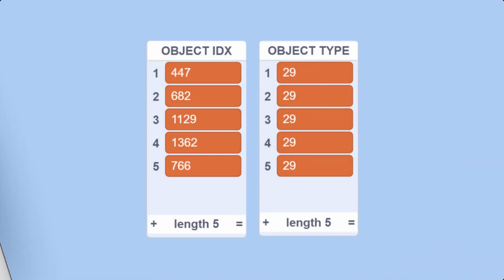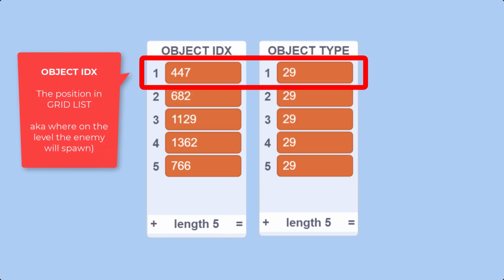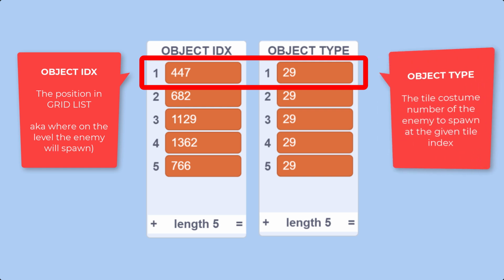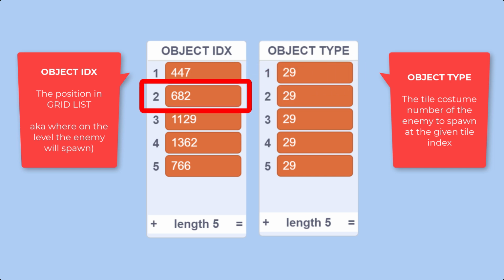Okay, so here is an example of how the lists might hold the position and type of 5 enemies. We simply have pairs of data. On the left, the tile indexes, where the enemy spawns on the level, and on the right we have the tile type. So, at level index 447, we're placing a Goomba, that is tile 29.